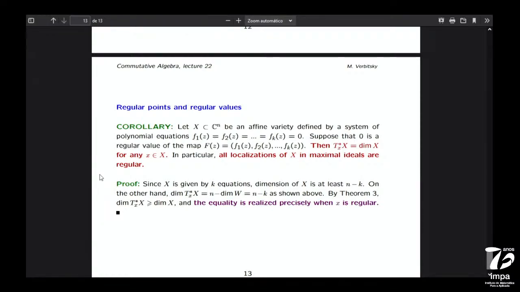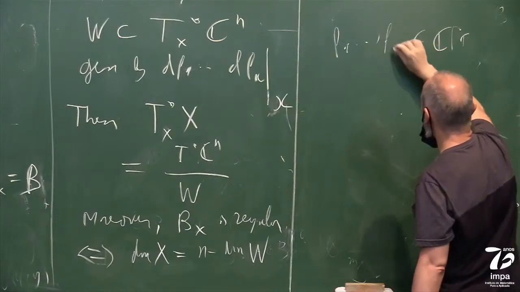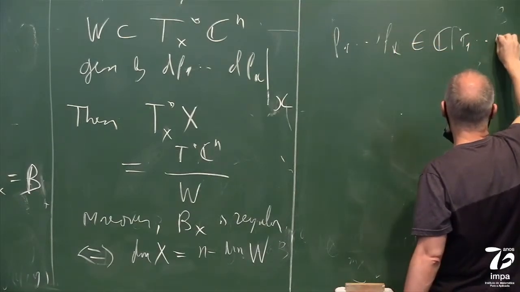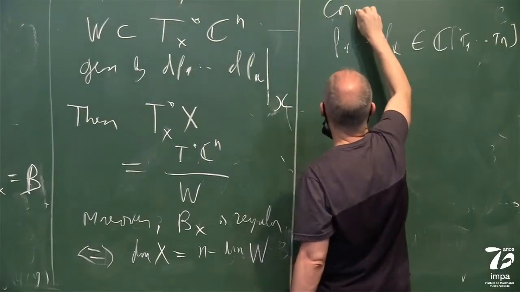So it's just this corollary slightly rewritten. But it is written in such a way that it coincides with this inverse function theorem which we had last time. So you have f1, ..., fk, regular functions, so polynomials from t1, ..., tk, ..., tn. So corollary.